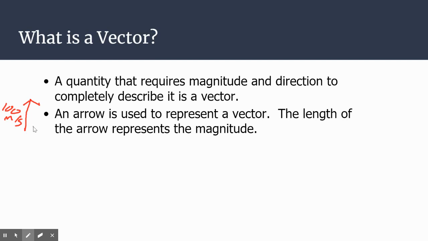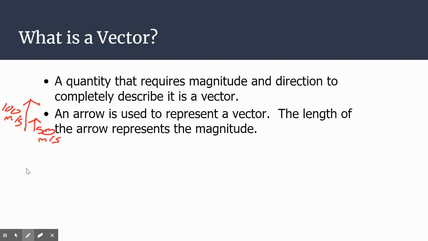Now, obviously, there's got to be some scale applied. We're not going to get into that. But if I wanted to draw a velocity vector that was 50 meters per second to the same scale as that one, if the length represents the magnitude, it should be half the size, correct? And that one would be 50 meters per second.